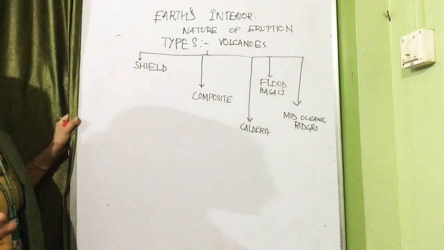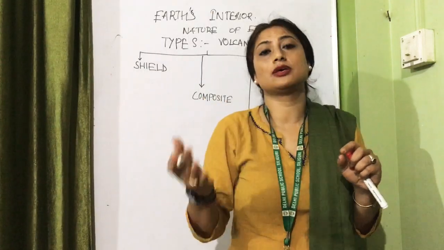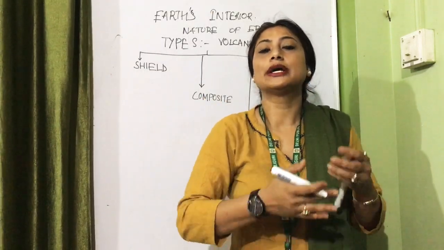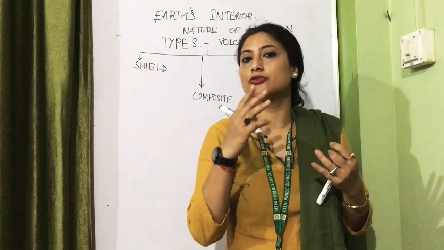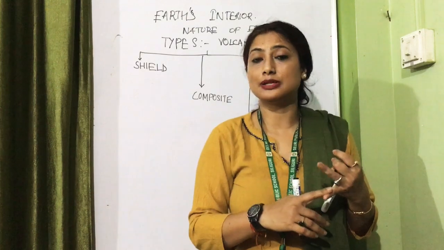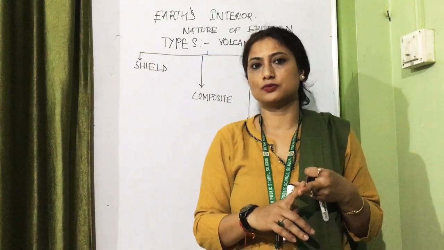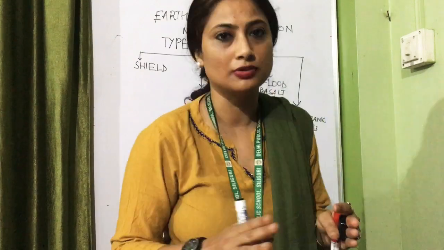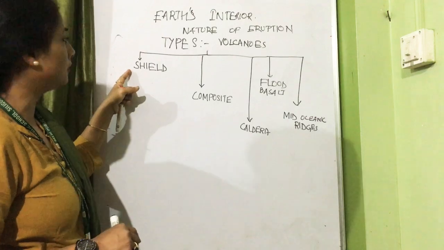There is one more classification of volcanoes, based on how many times they have erupted, and in that there are 3 types. One is active volcanoes, one is dormant volcanoes, one is extinct volcanoes, but that is not in the syllabus in this class.